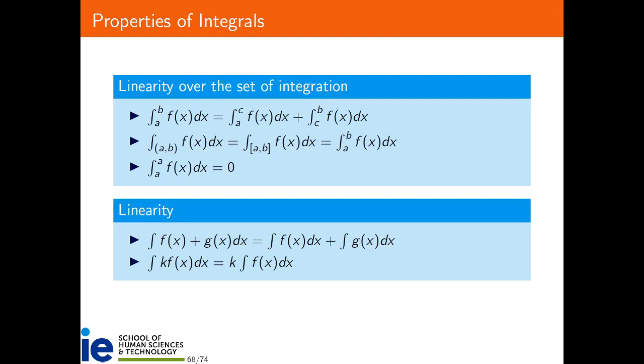Second sets of properties that I want to highlight are basically sums and multiplication by constants. So integrals with this behave as we would expect, meaning that the integral of the sum of two functions is the sum of the integrals of the individual functions, and the integral of a constant multiplied by a function is equal to the constant times the integral of the function.